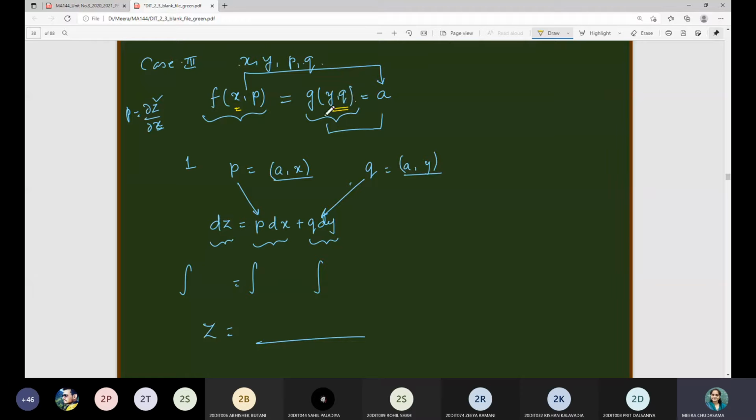This is possible since x and y are independent variables, so the equality holds only when it is a constant quantity. You can consider that constant with the first expression and with the second expression. From that you can eliminate p and q, substitute into the expression, and finally integrating it, you will have the solution of the asked partial differential equation.